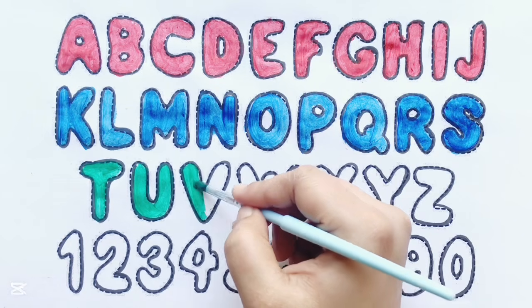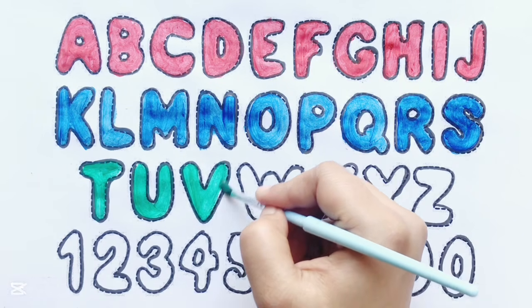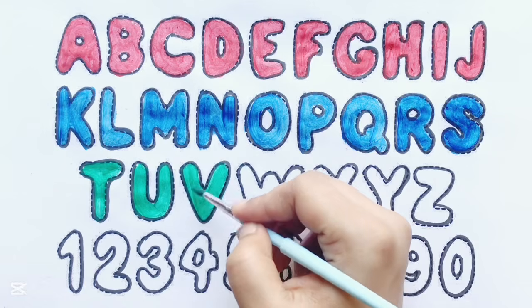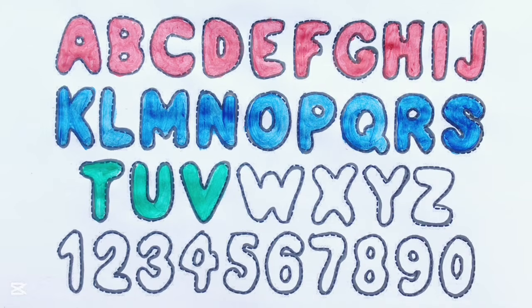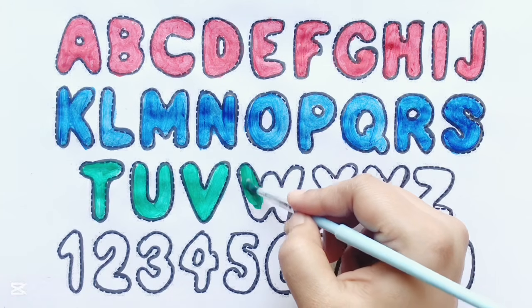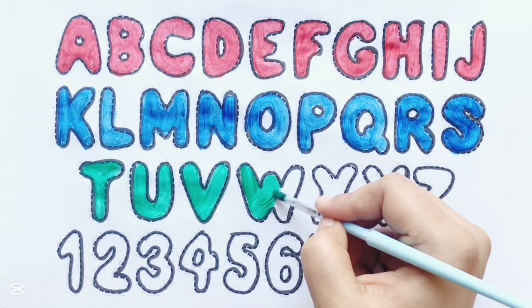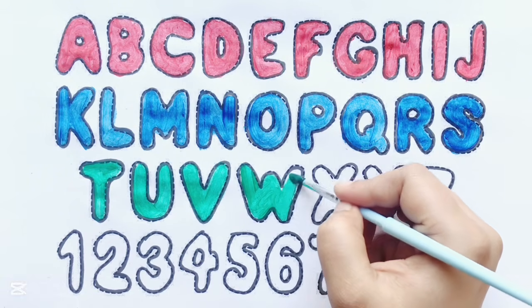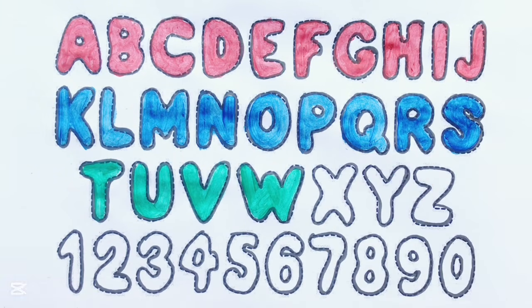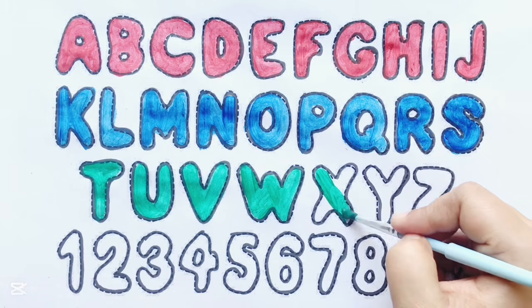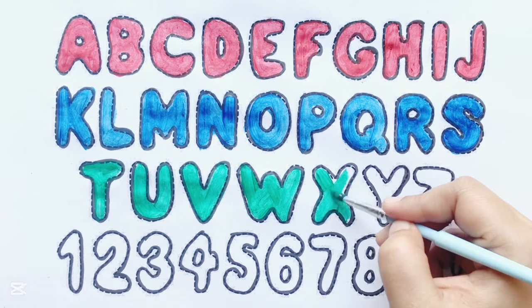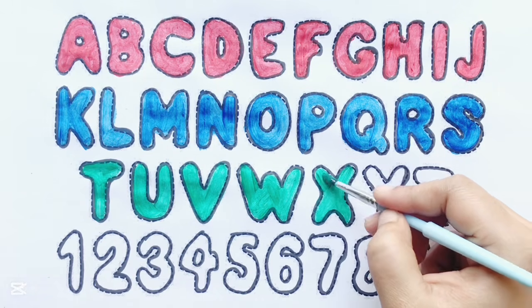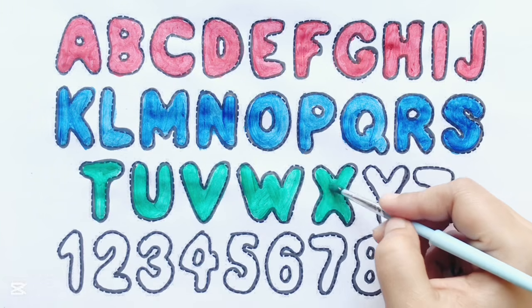V for vase. Amazing. Art. Apple. W for watermelon. Animal. Answer. April. Autumn. Ambulance. Airplane. Arrow. X for Xmas tree. Amazing art. 1, 2, 3, let's go.